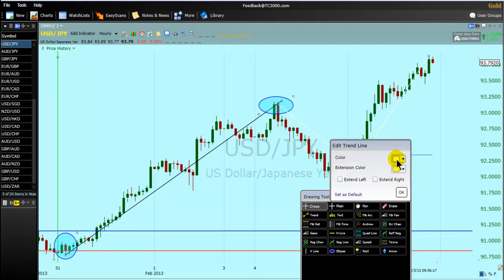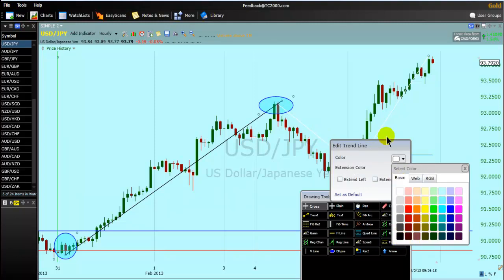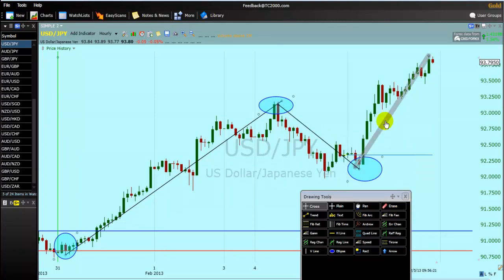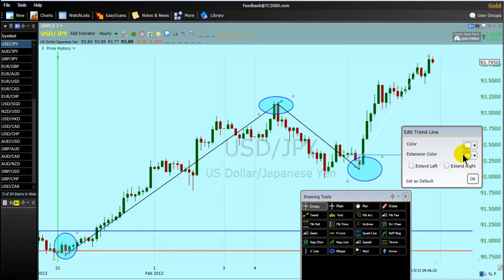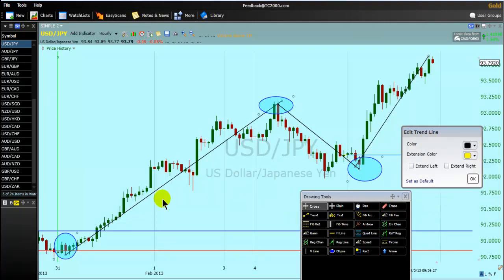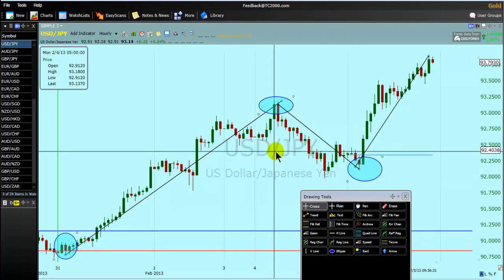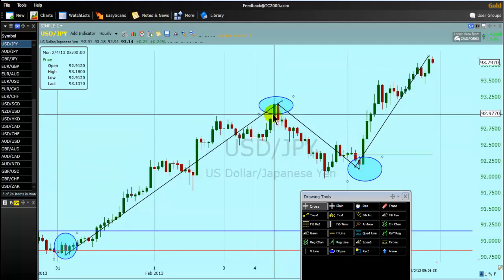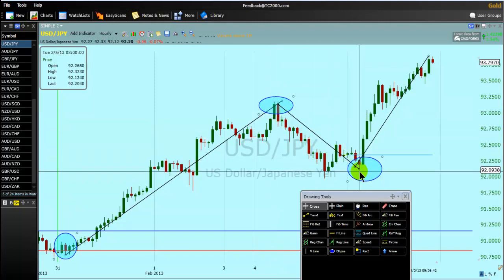So the dollar yen currency pair on the hourly chart, from the 31st of January 2013, was in a rising channel up to which day is this? Up to the 4th of February 2013, and then from the 4th of February 2013, it went down up to the 5th of February 2013.